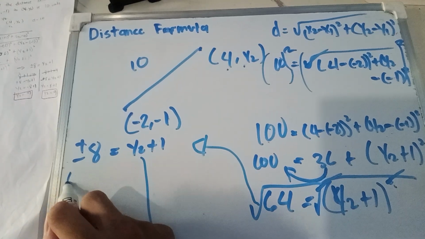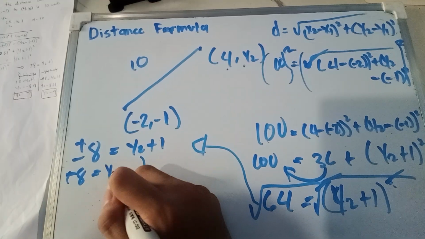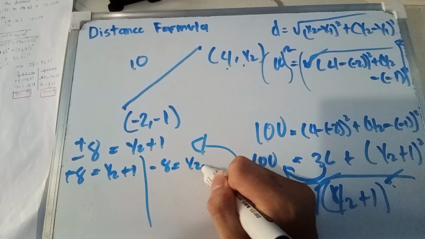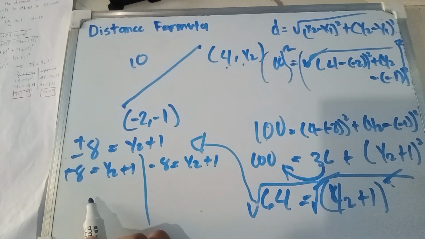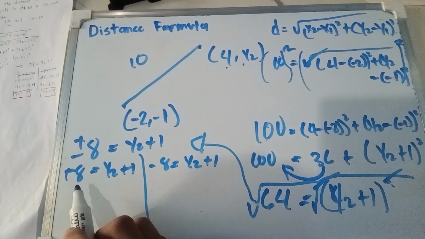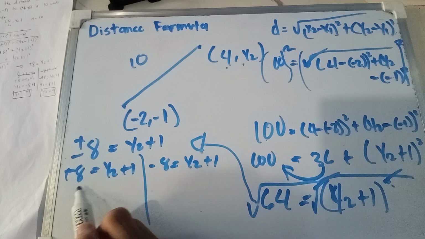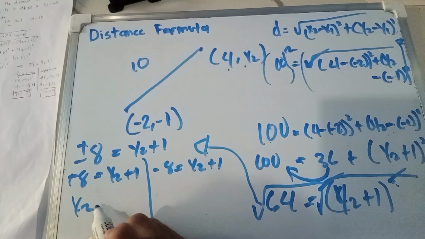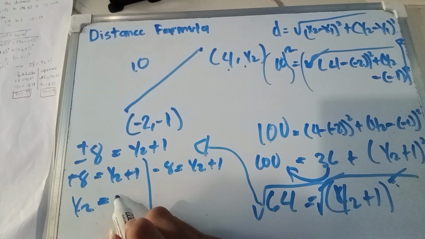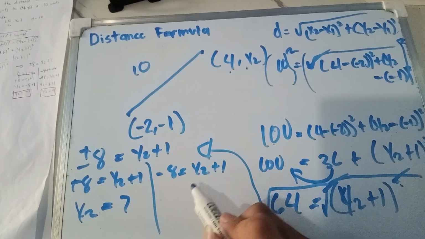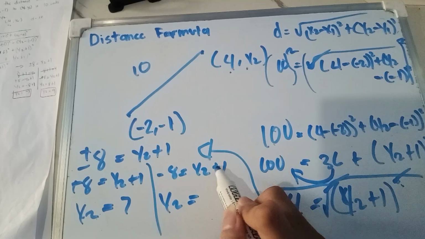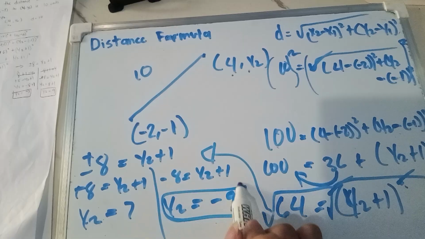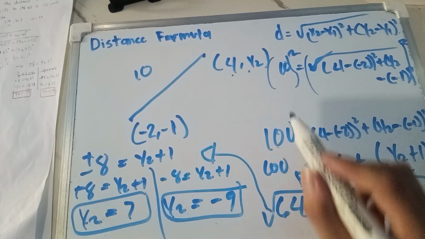That is, one with positive 8 equals y sub 2 plus 1, and one with negative 8 equals y sub 2 plus 1. So let's find the value here. Now for y sub 2, let's move 1 to the left side. That would become 8 minus 1, which is 7. Again here, y sub 2 is equal to negative 8 minus 1, which is negative 9. So these two are our possible values for y sub 2.